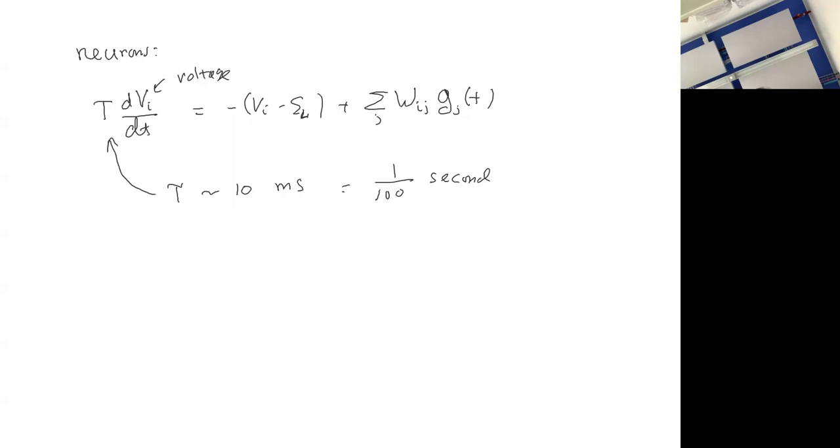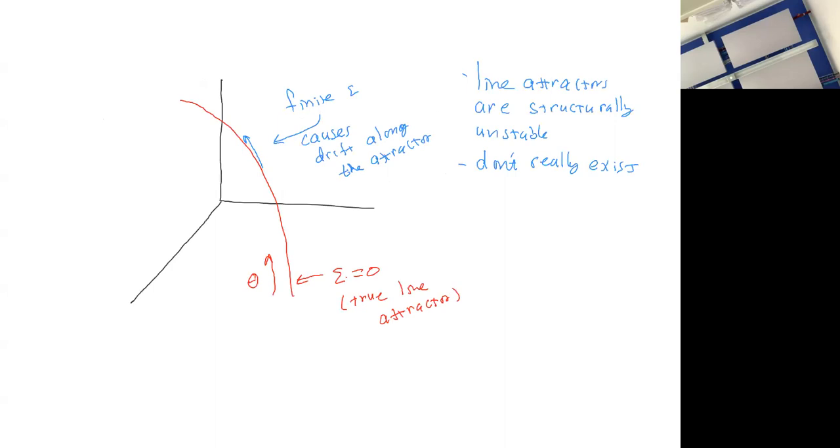So what's really important about line attractors is that drift along the line attractor can be slow.